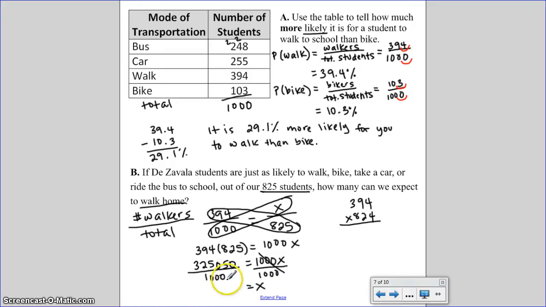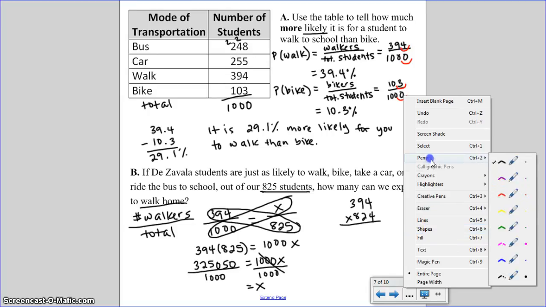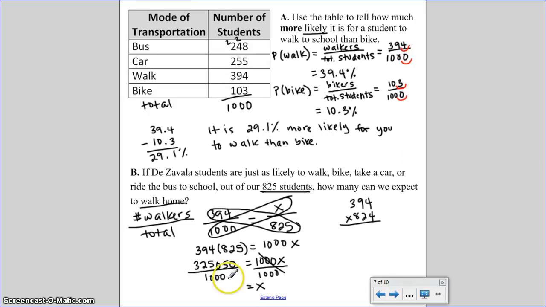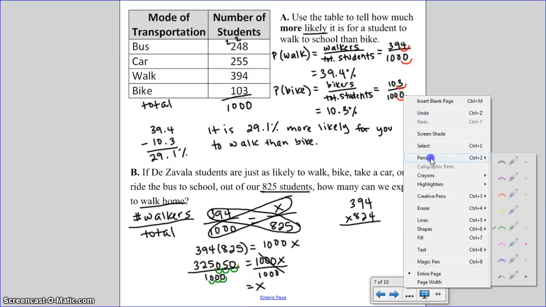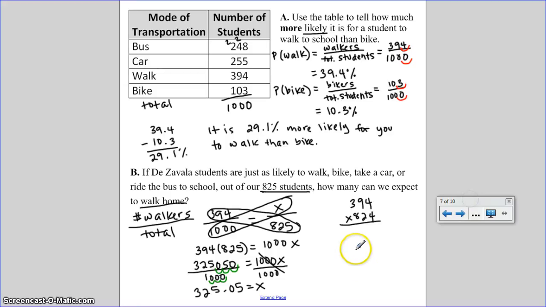And here I can always move my decimal places over. So I move it once here, once on the top, once on the bottom, once on the top, once on the bottom, once on the top. So that means that I am finally left with 325.05.